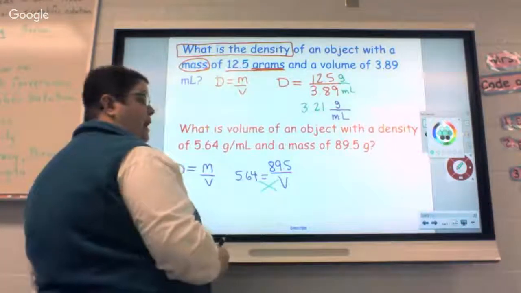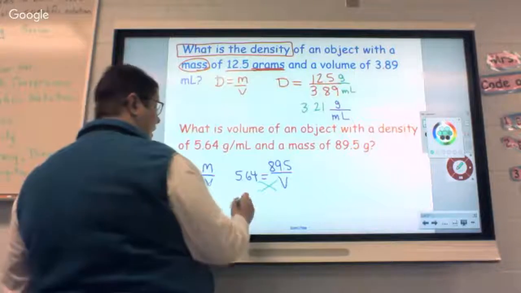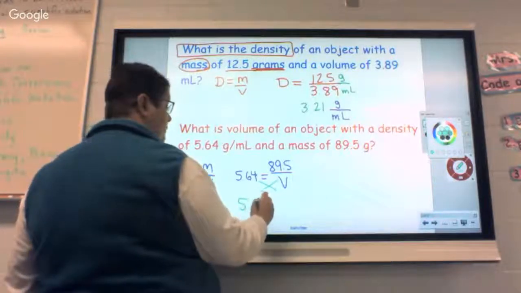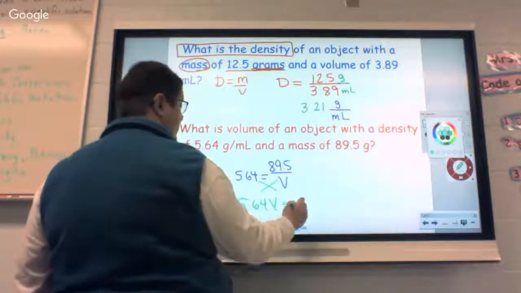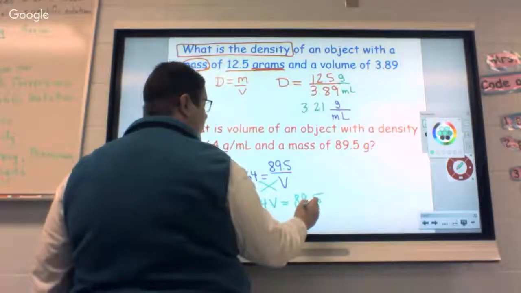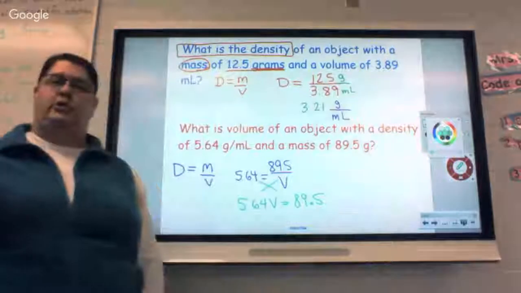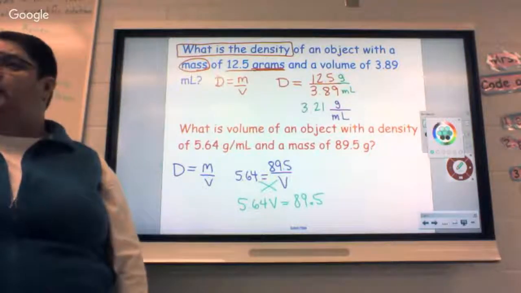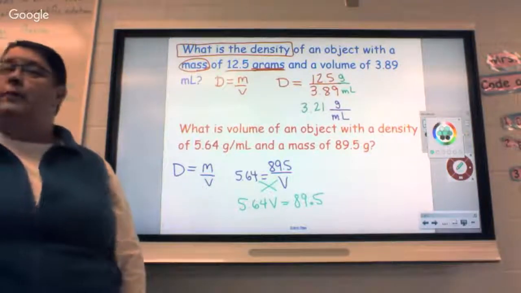So if I cross multiply, I get 5.64V equals 89.5. Now that I've gotten rid of my fraction, not a soul in this classroom would solve this problem wrong. I need to do what to get V? Divide by 5.64.